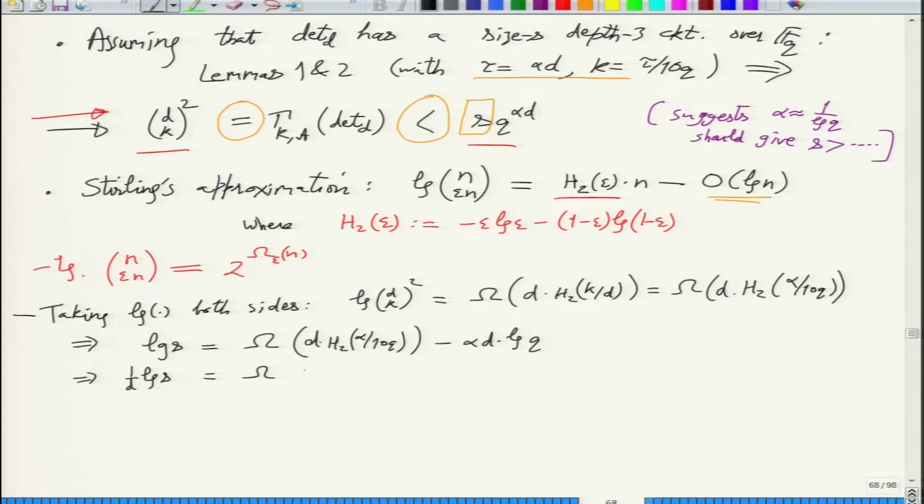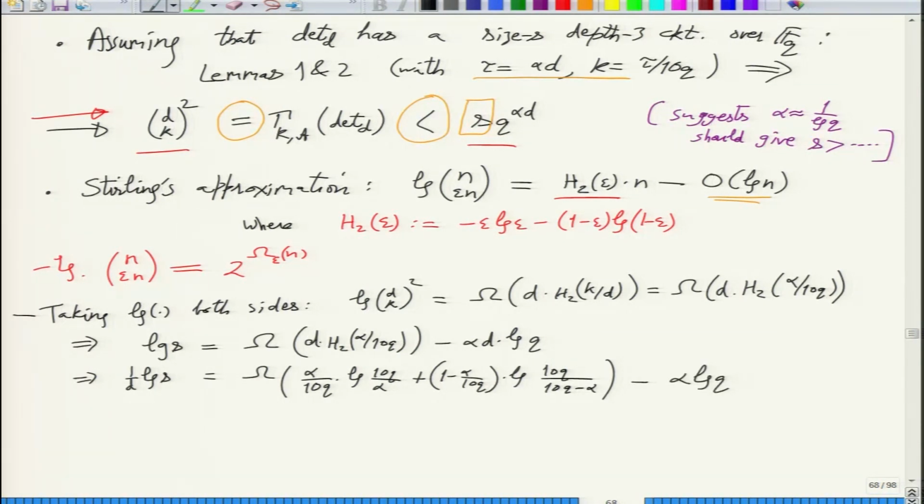So what do you get? You get H2. So the entropy is then, use the definition, right? So entropy will come out to be alpha over 10q, that is entropy, minus d alpha log q.